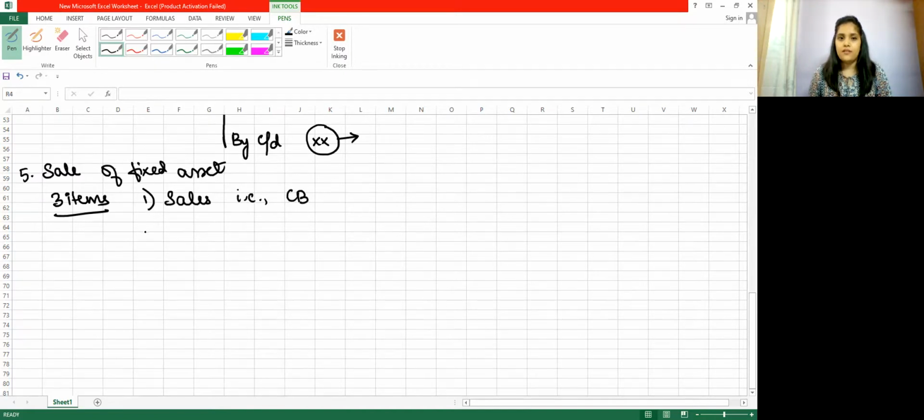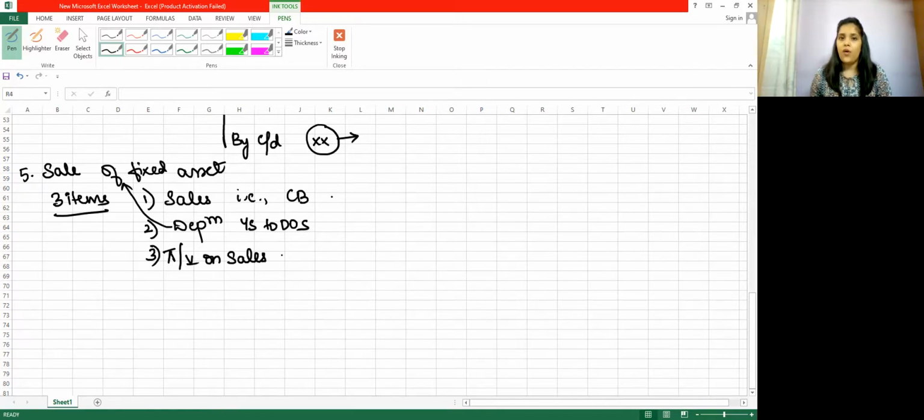Second, depreciation, let me be more specific, year start to date of sale. Now mind you, this depreciation is on the sold asset, not on all assets. Okay. And last one, profit or loss on sale.